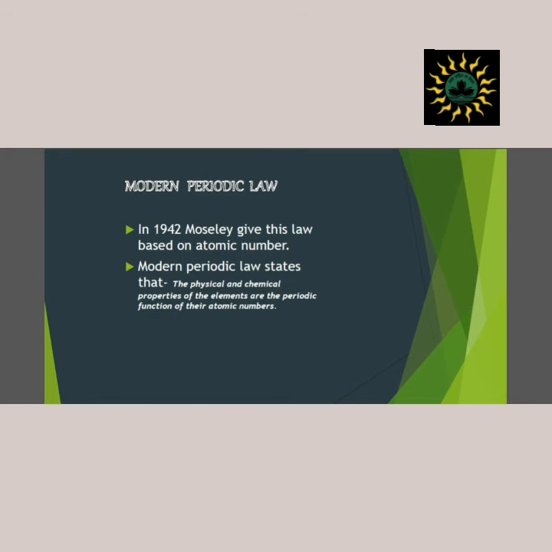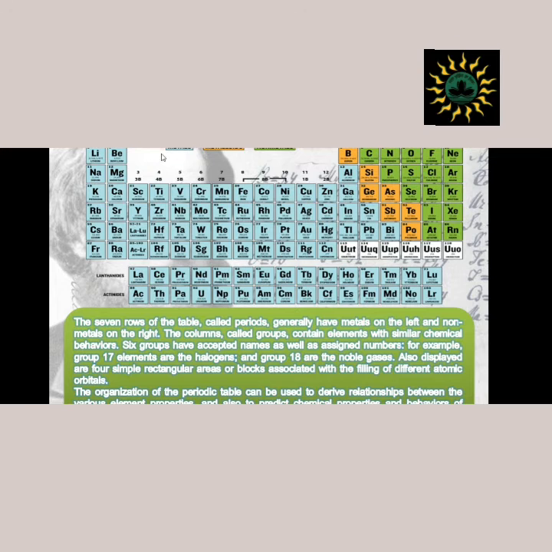This is the modern representation of the modern periodic table, which you have studied already in class 10 onwards. There are 7 periods and a total of 18 groups: 1, 2, 3, 4, 5, 6, 7, 8, 9, 10, 11, 12, 13, 14, 15, 16, 17, 18.